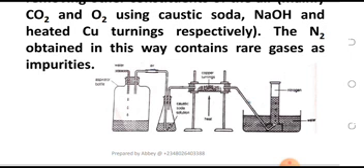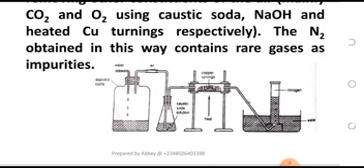So the remaining component of the air, which is mainly nitrogen and a small quantity of rare gases, which will serve as impurity, can be collected over water. The reason why it is collected over water is because nitrogen is not a soluble gas. The solubility of nitrogen is very low.